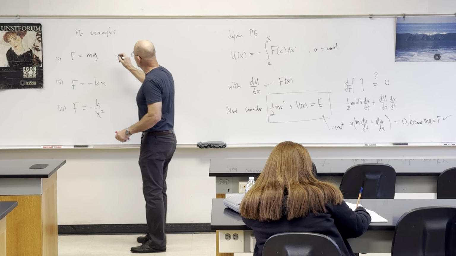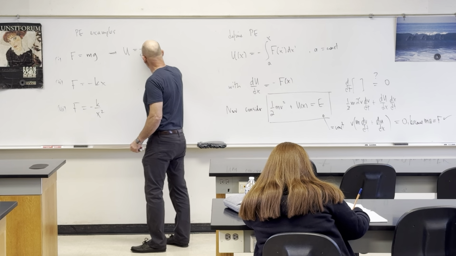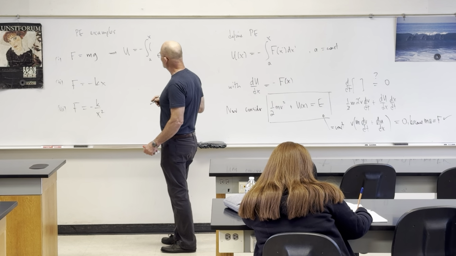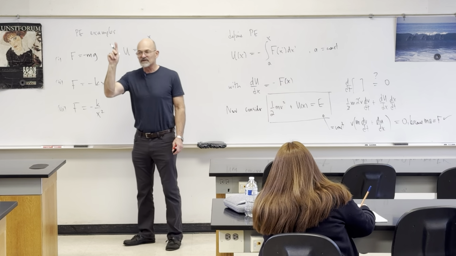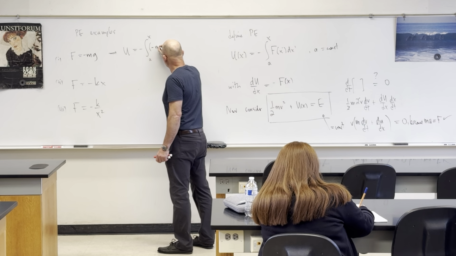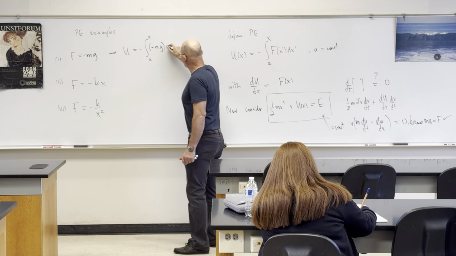So for this one, we have U equals minus the integral from a to x. Should I put the minus? I'm going to put the minus sign in here. Plus direction up. Okay. Minus negative mg dx.